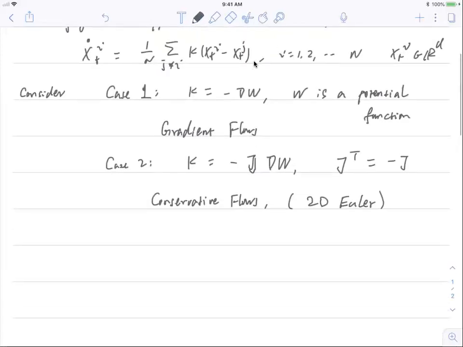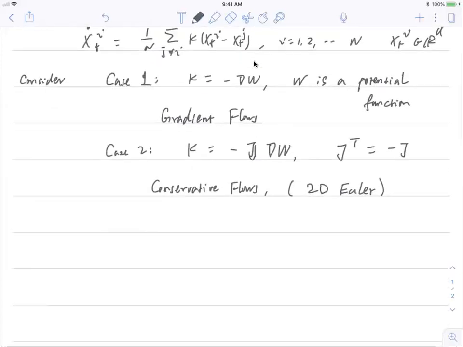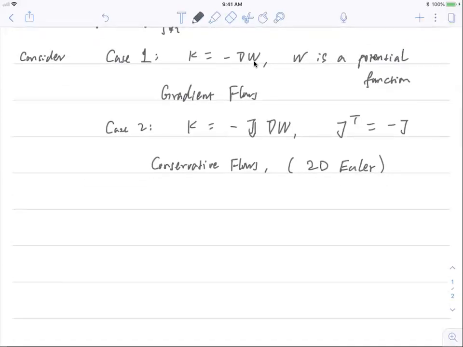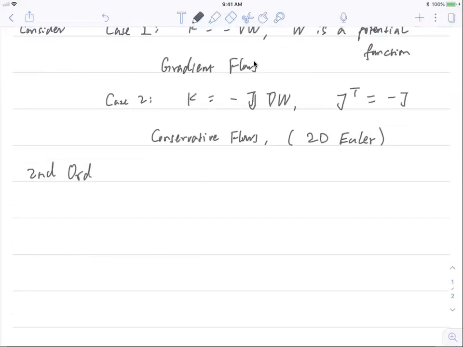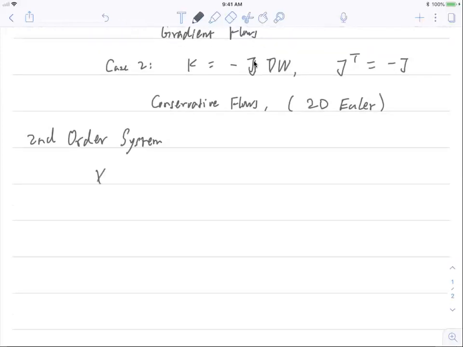There's another case also mentioned in the paper, the second order system, which is the following. The second order derivative of x_i with respect to time, so it's just the acceleration, is given by the gradient flow.